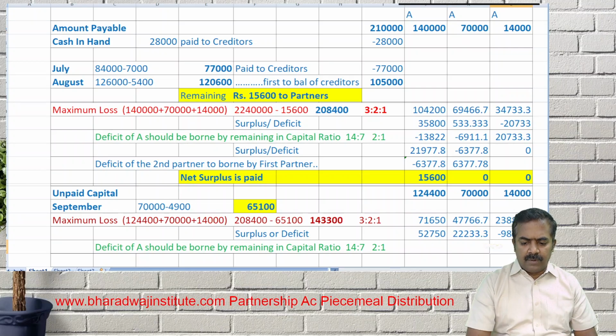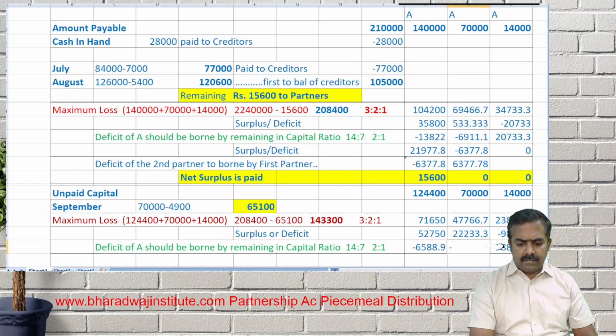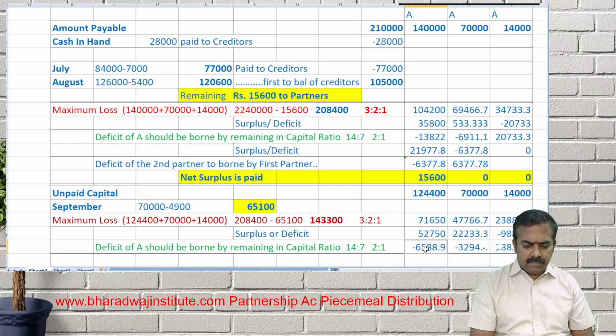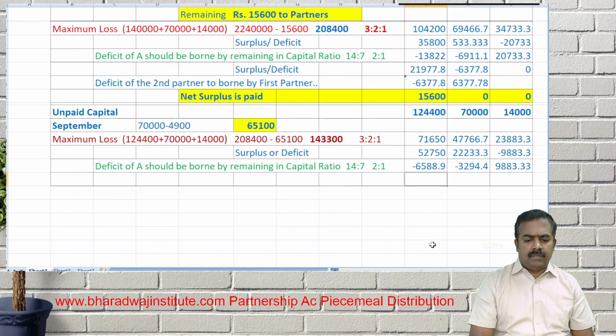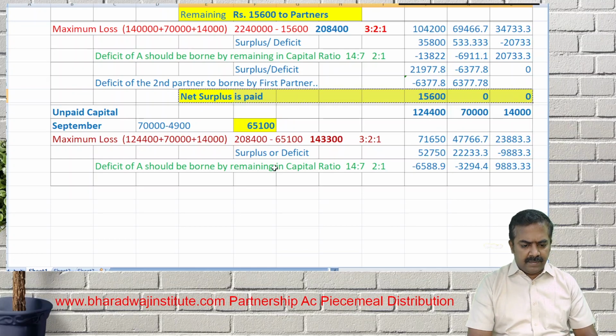So this will be borne in 2:1 ratio. After bearing that loss, net surplus will be paid.